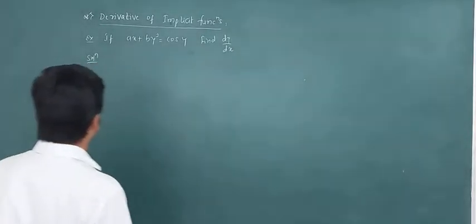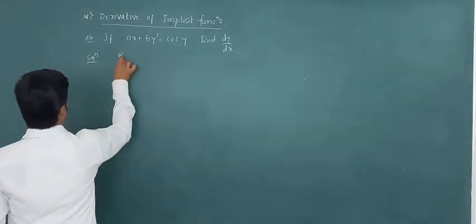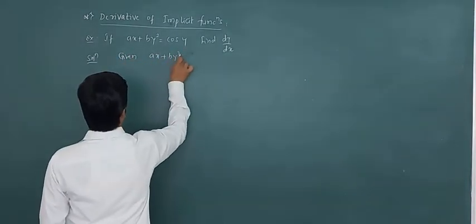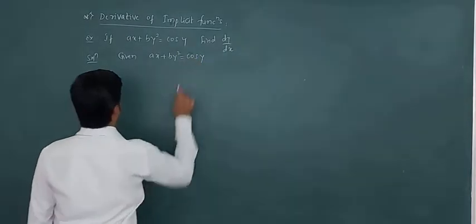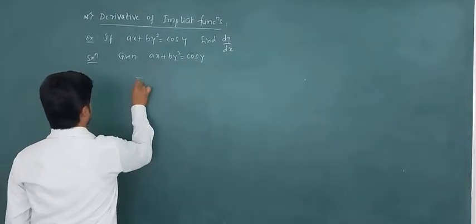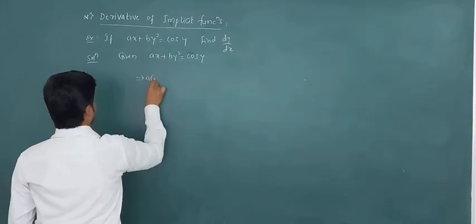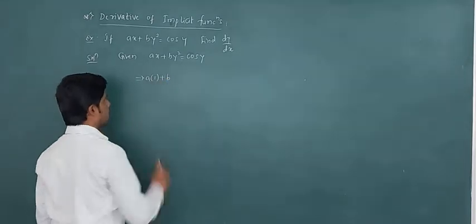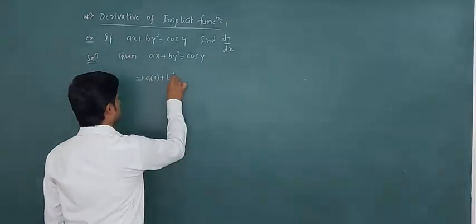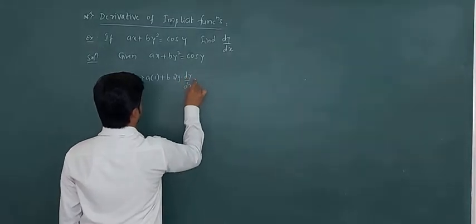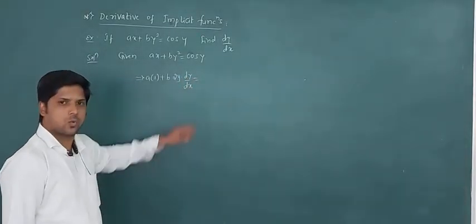So here the given function is an implicit function, that is, (ax plus by) square is equal to cos y. Now differentiate this function. We get a is a constant, so constant times x differentiation is 1, plus b is constant, y square differentiation is 2y into dy by dx, equal to cos y differentiation.